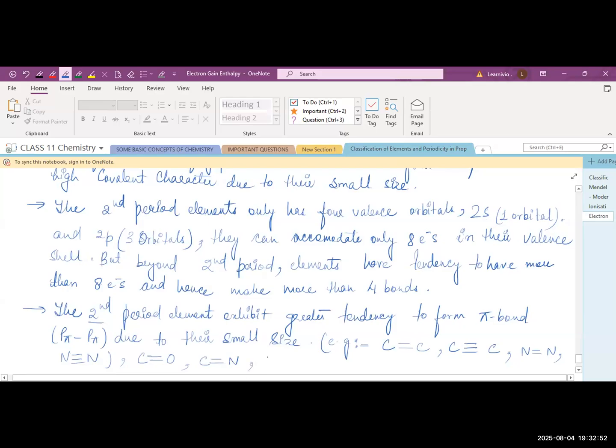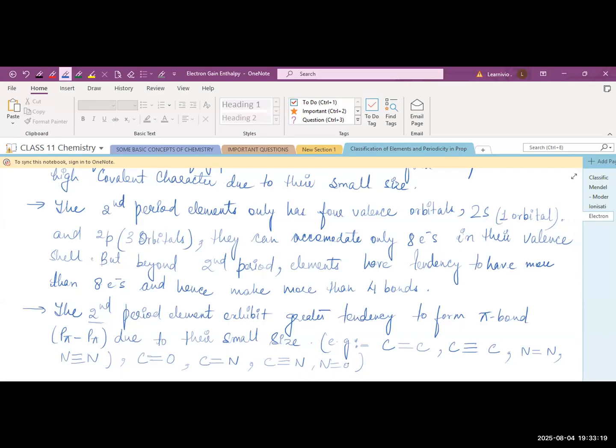Another example, carbon and nitrogen triple bond. Nitrogen, oxygen, double bond. So these are some examples of multiple bond formation when elements combine with themselves, and when they combine with other elements, in that case also they can form the pi bond.